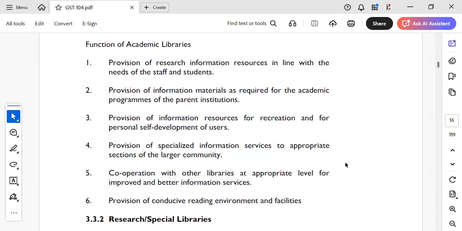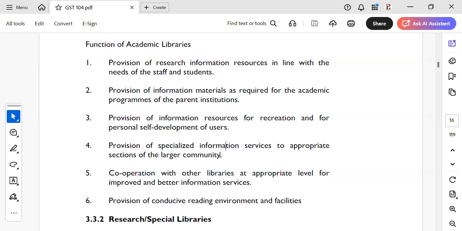The school has made provision for you to go there, read, prepare for your research, and the rest of them. So this option four is that it can also provide information to an outside, to a larger community. For instance, if UI is working on a particular research and UNN does not have a good record in that field, UI will need to come to UNN to get resources on that particular topic through referral.